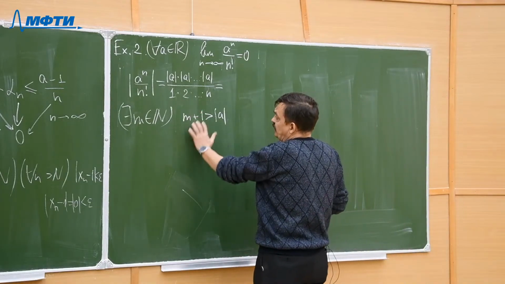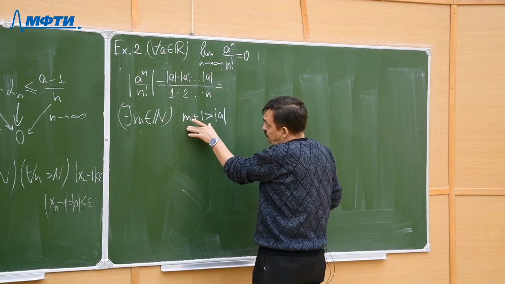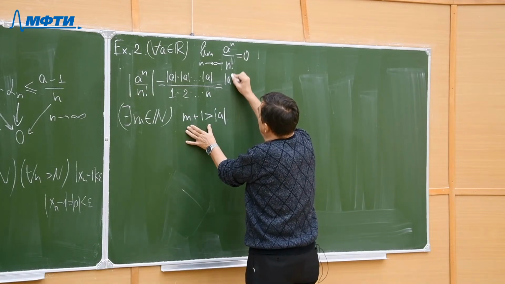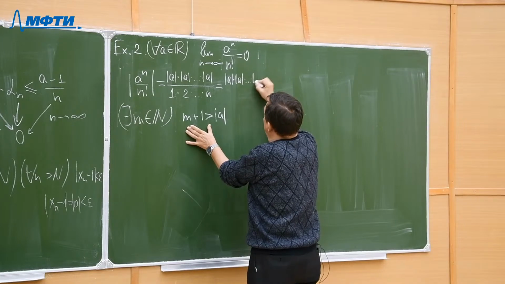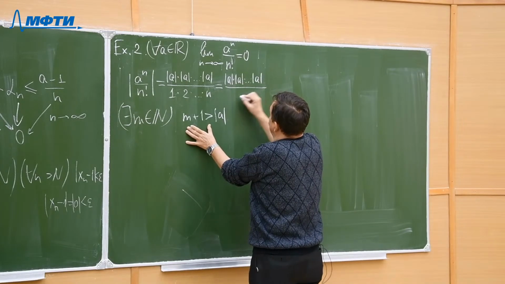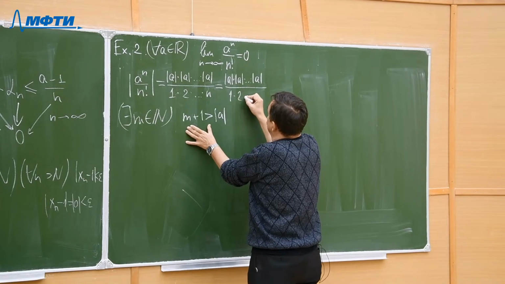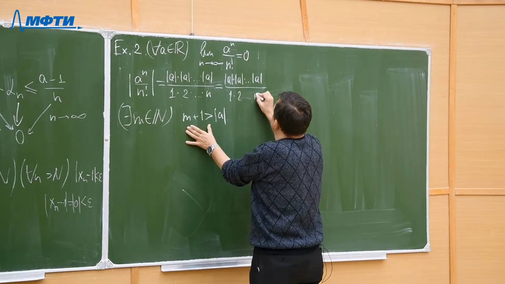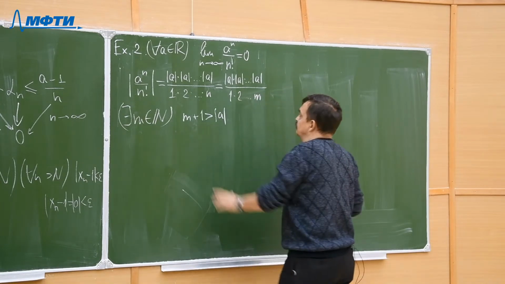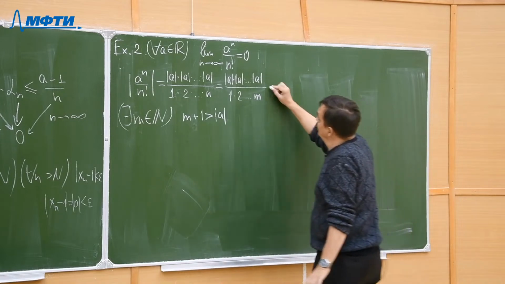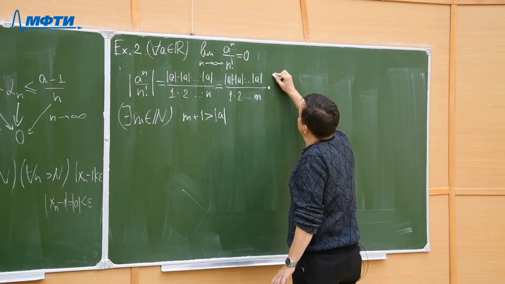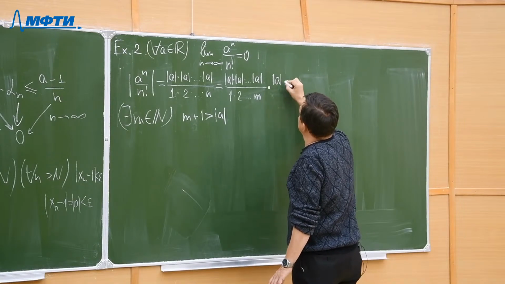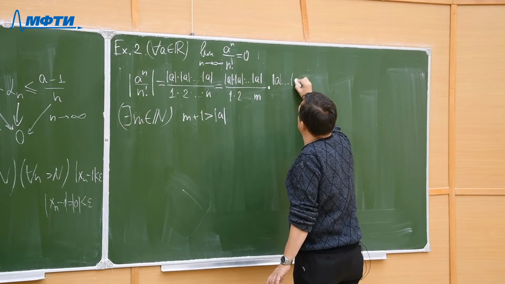The first one contains m terms, modulus a times modulus a, so on up to modulus a, and in the denominator the first m terms, and then the other terms as follows.